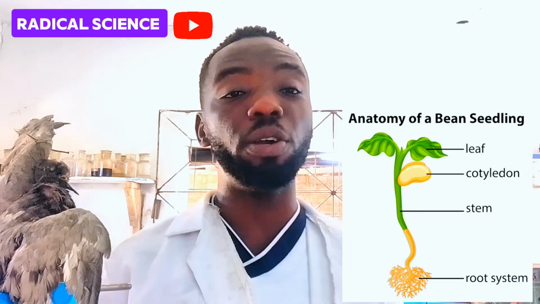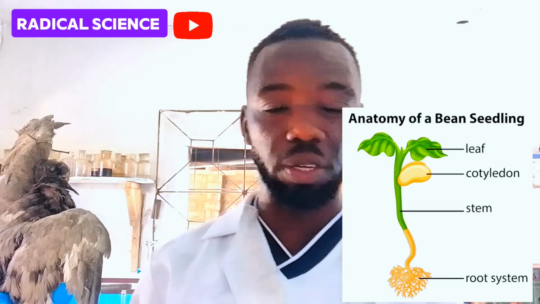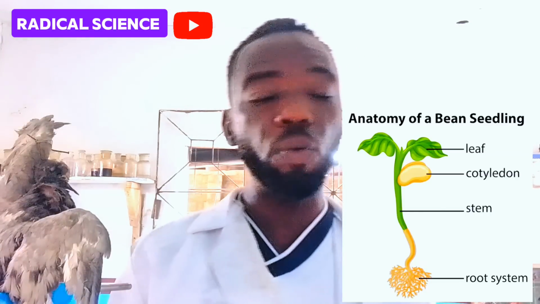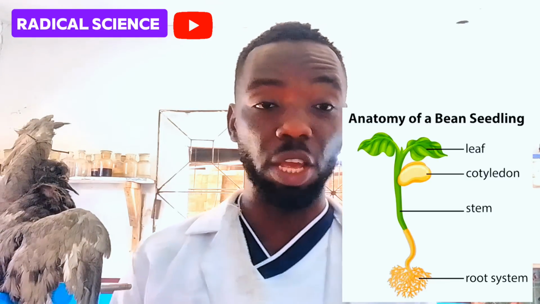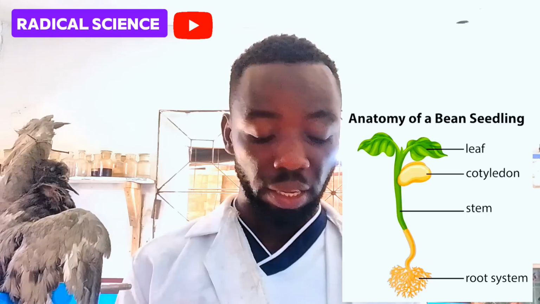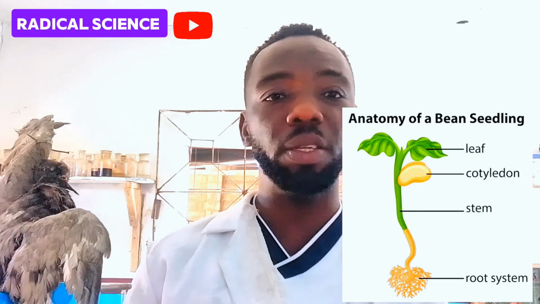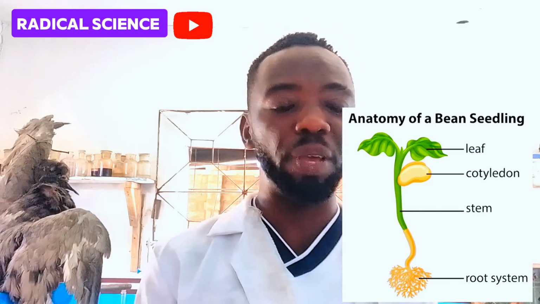Another question that you will be expecting as far as this NECO is concerned is the type of germination. They will ask you the type of germination of this bean seedling, which is in a pot. The type of germination is called apical germination. Why is it called apical germination?